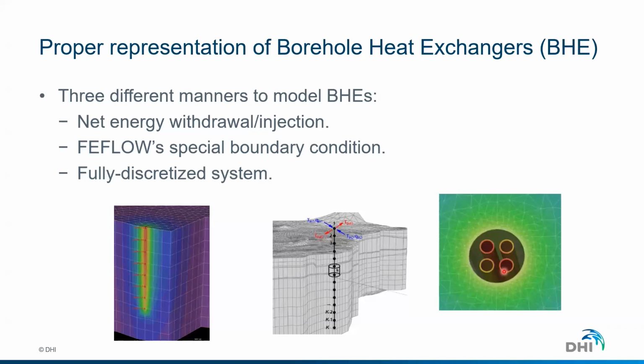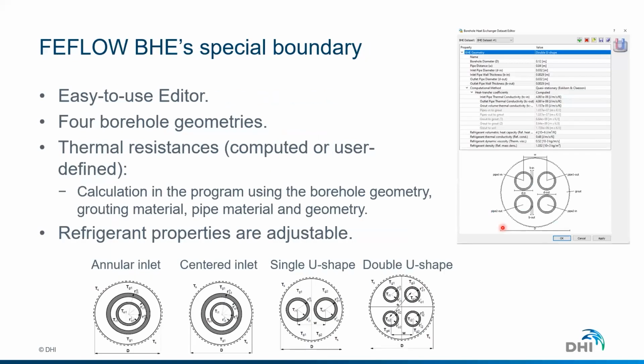That is less used because it requires a lot of elements and the calculation time might easily increase. So most of our users work with the BHE, borehole heat exchanger special boundary, which comes with an editor, and this editor gives you possibilities to define the geometry, for which we have 4 default geometries: annular inlet, center inlet, single U shape or double U shape.